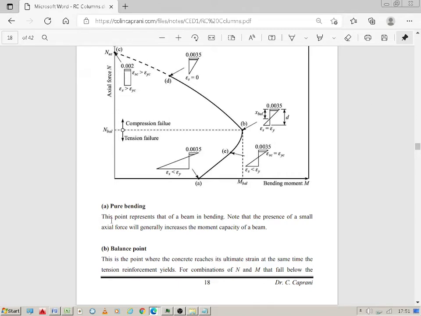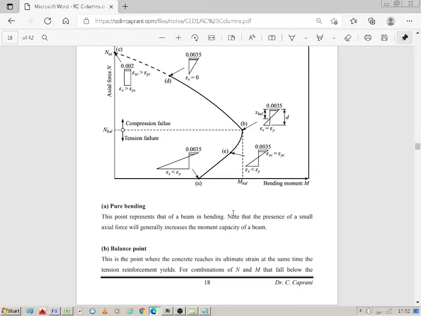So that first sentence needs a little tweaking in the description, but in theory it is just bending. A beam is bending, but you've got reinforcement in both faces, so it's like a doubly reinforced beam.